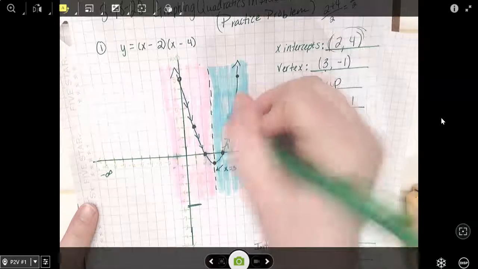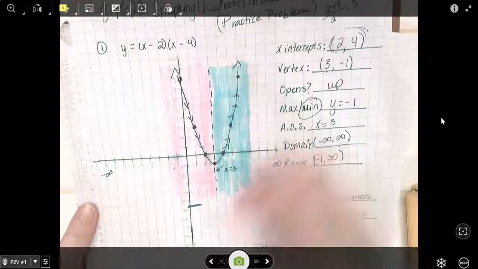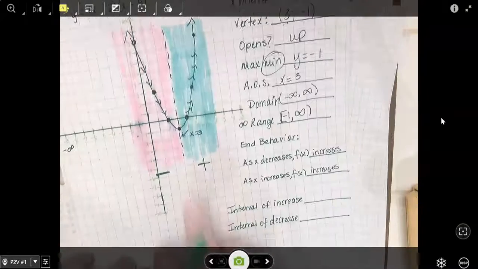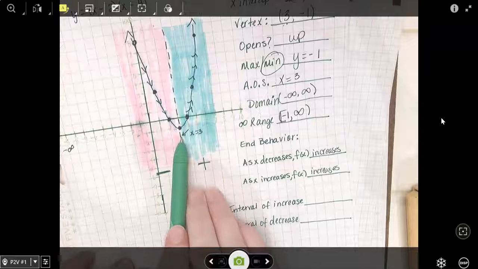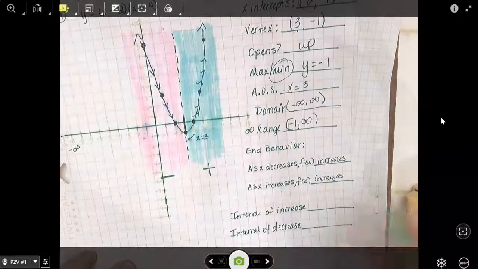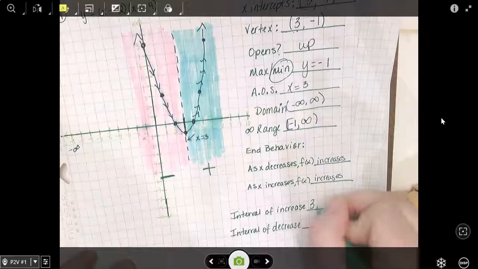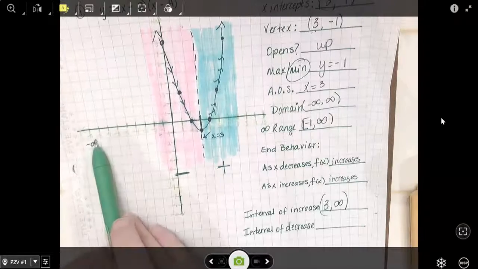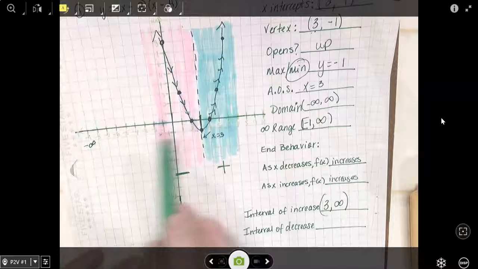It's going up. So that's our interval of increase and decrease. So interval of increase would be 3, because again, you're looking at the x-axis. That is 3. So 3 to infinity for interval of increase. Interval of decrease would be negative infinity to 3.